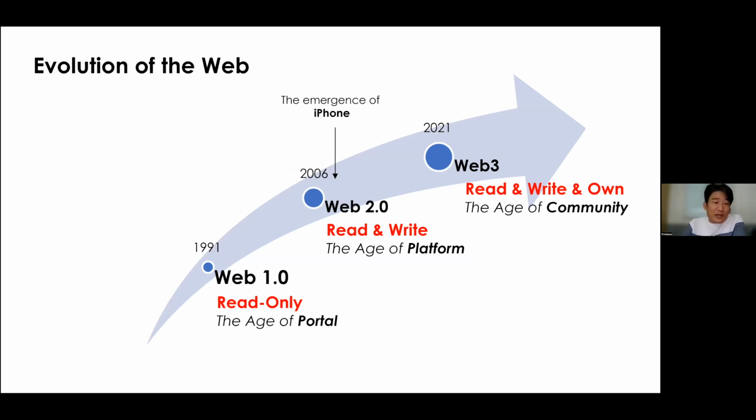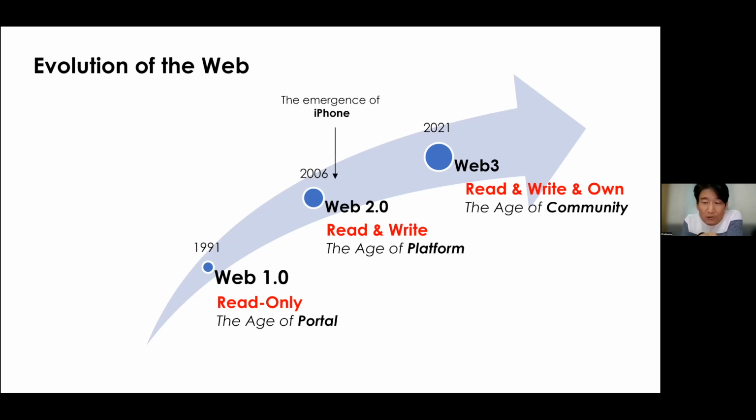So in summary, the Web evolved from Web 1.0 back in 1991 to Web3. After Web 1.0, about 15 years later, we met Web 2.0, and then Web3 emerged back in 2021.